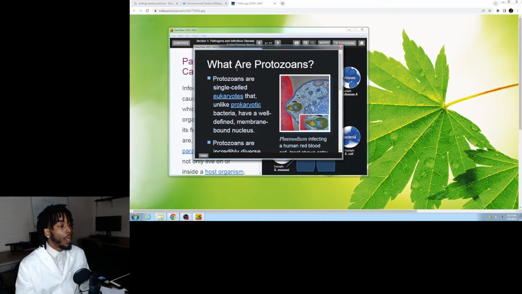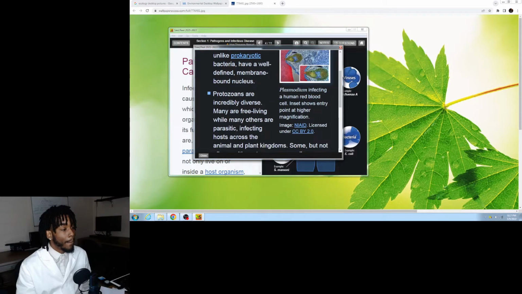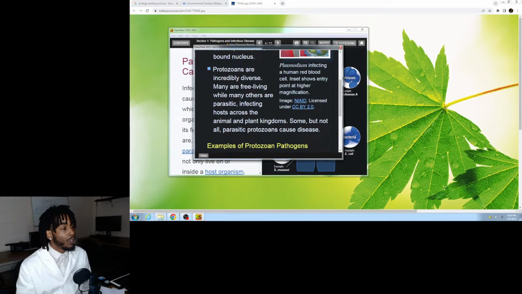Protozoans, let's see. Protozoans are single-celled eukaryotes that, unlike prokaryote bacteria, have a well-defined membrane-bound nucleus. Protozoans are incredibly diverse. Many are free-living, while many others are parasitic, infecting hosts across the animal and plant kingdoms. Some, but not all, parasitic protozoans cause disease.